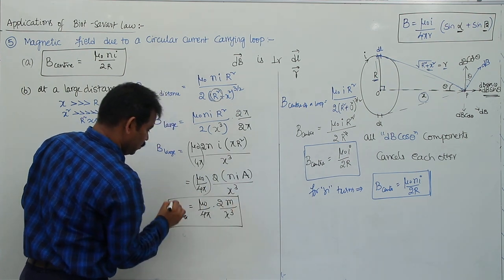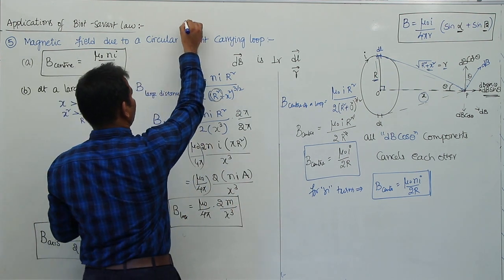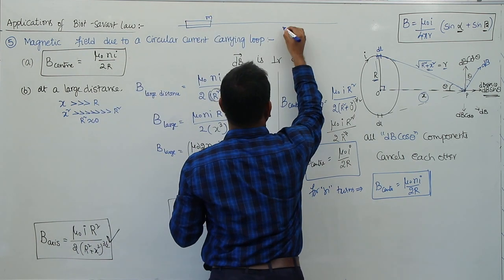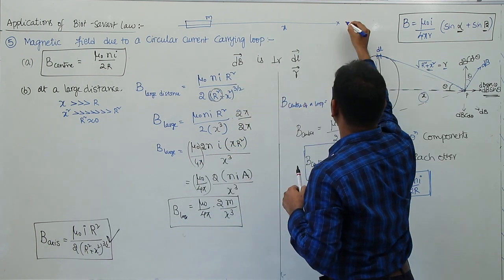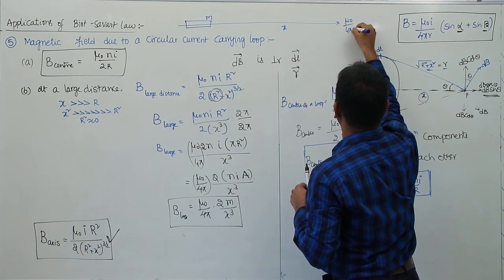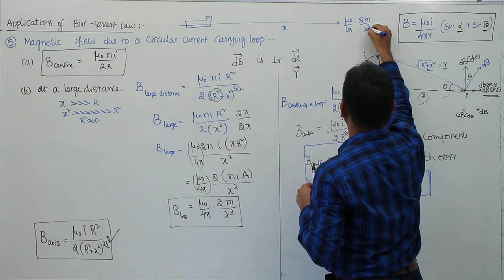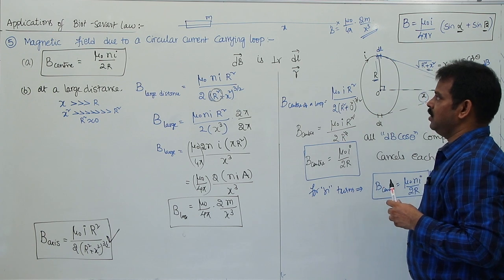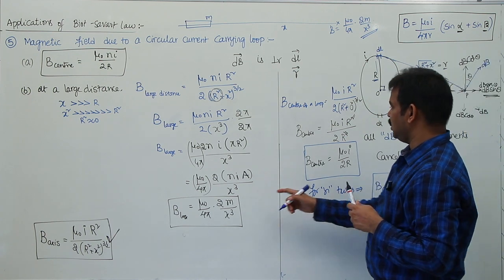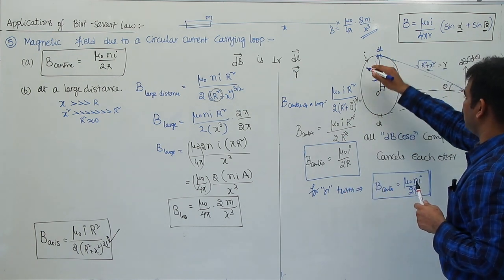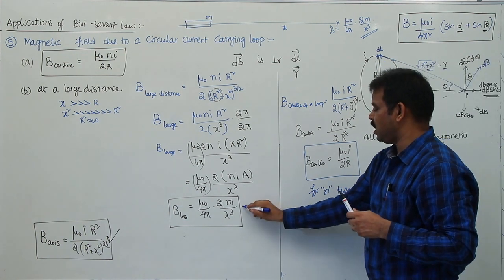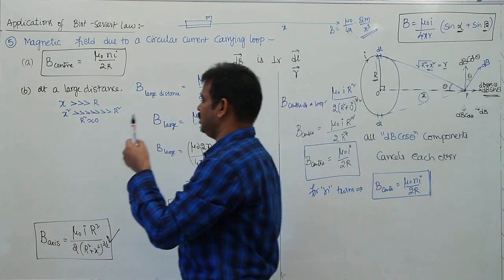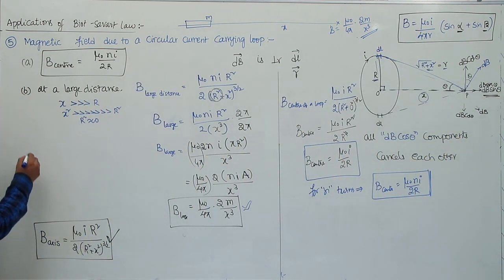For a bar magnet of magnetic moment m, at a distance x from it on its axis, the magnitude is given by mu naught by 4 pi 2m by x cube. This is the magnetic field on the axis of a bar magnet. But you can see the current carrying coil also gives the same expression, mu naught by 4 pi 2m by x cube. That means every current carrying conductor acts as a bar magnet.